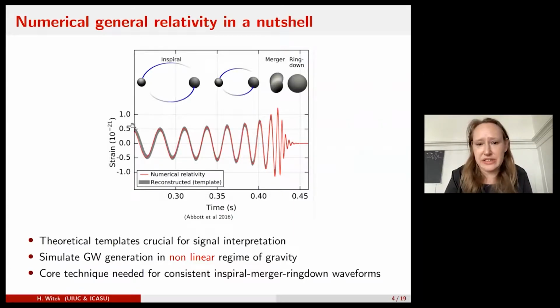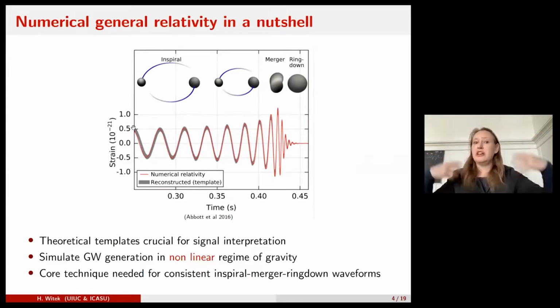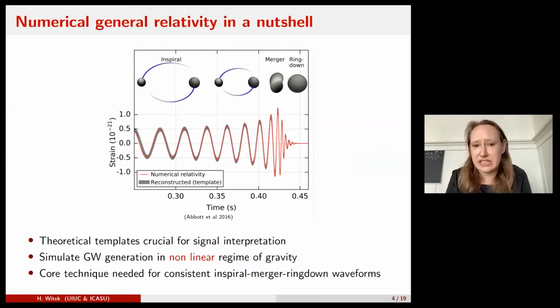And here you have the early inspiral phase, where the objects are still far apart, and you can use the post-Newtonian descriptions, that is this expansion in weak gravitational fields and low velocities that you've already seen in Tanya's talk. Then for the merger, you really need numerical relativity calculations, because your equations become nonlinear and you need to solve this fully numerically. And then after the merger, our black hole will settle down to a single rotating black hole and emit quasi-normal modes as it does so.